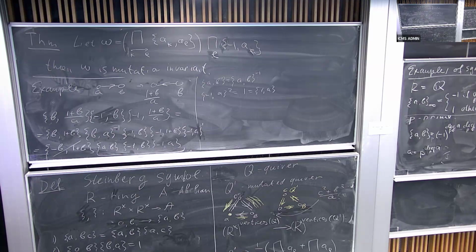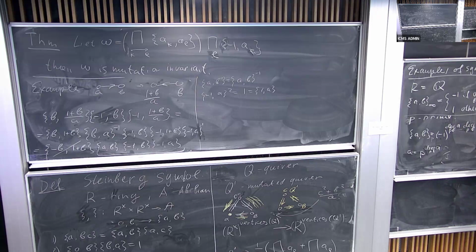They're all punctures. So essentially you have a surface with punctures. You do not have holes, you just have punctures, and you have horocycles about the puncture.